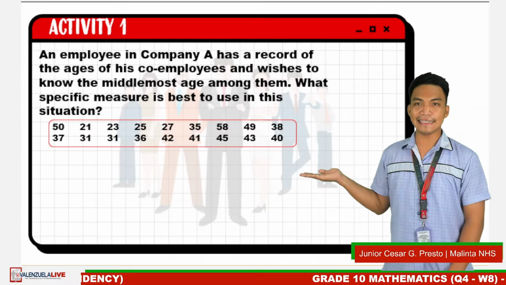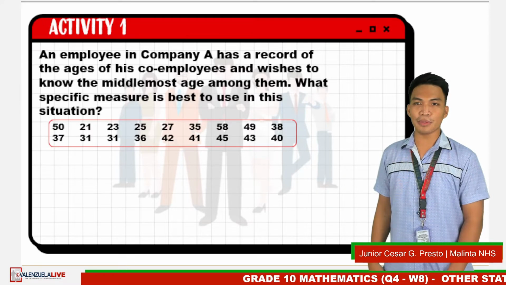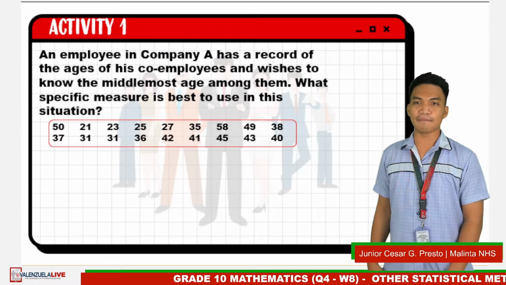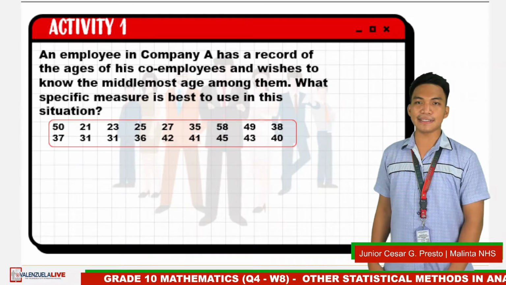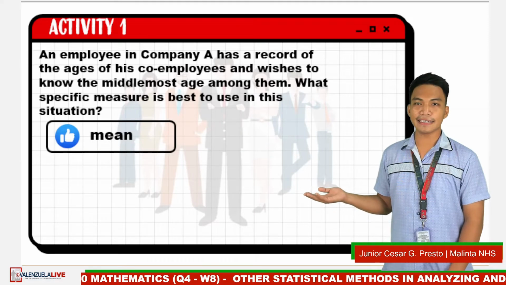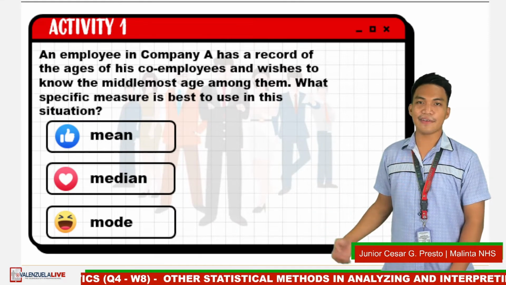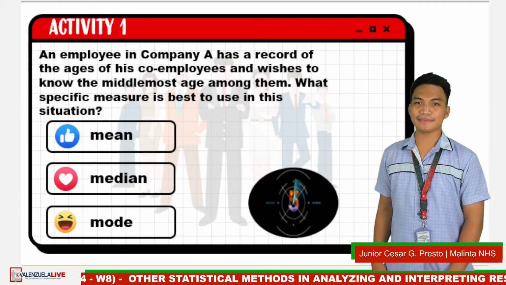An employee in company A has a record of the ages of his co-employees and wishes to know the middlemost age among them. What specific measure do you think is best to use in this situation? Is it like, love, or haha? 5 seconds, go.